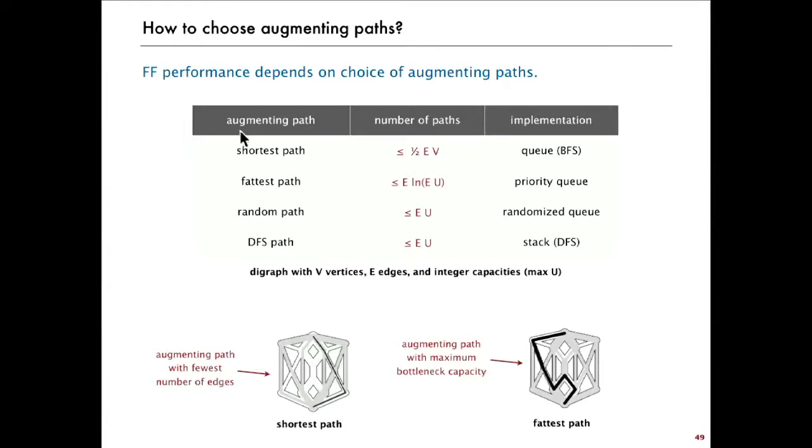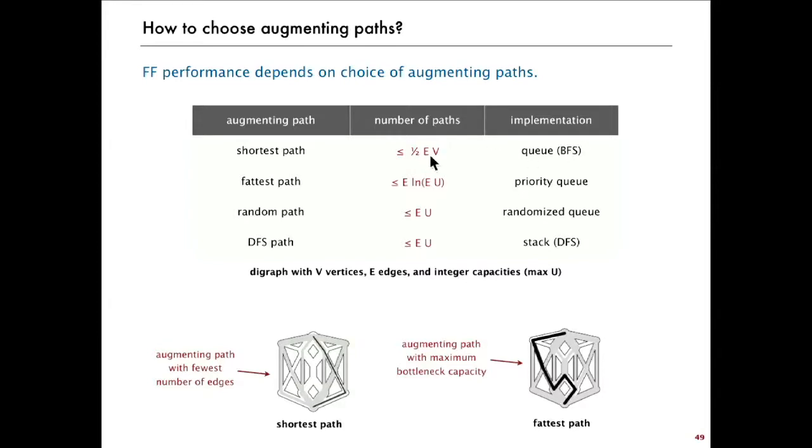So for example, you could decide, let's use the shortest path. So that's just the augmenting path with the fewest number of edges. And that's just breadth first search, essentially, in the graph that ignores the full forward and empty backward edges.